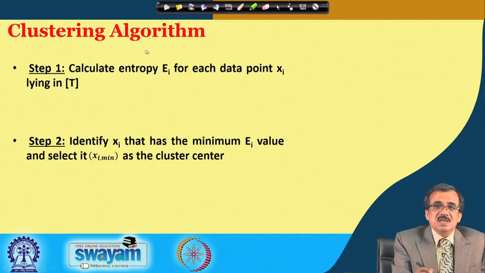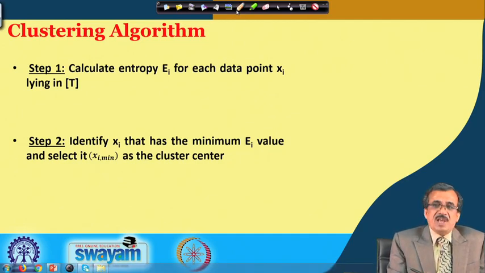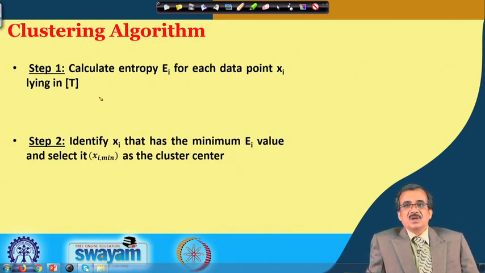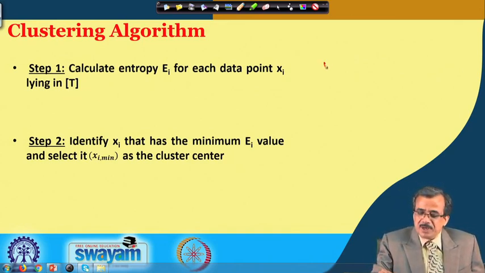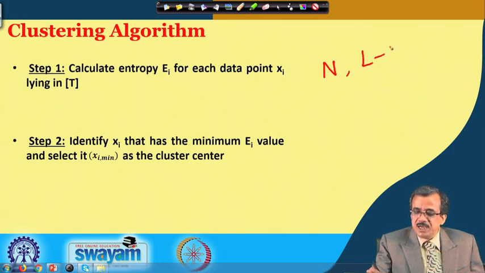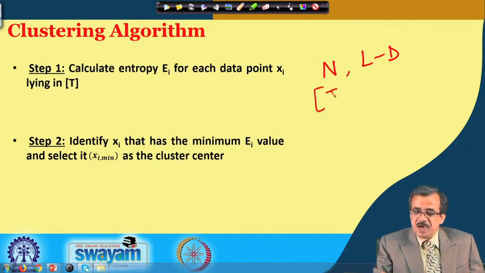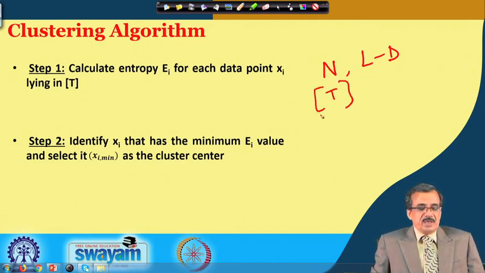So, we are going to discuss the steps to be followed in this clustering algorithm. Step 1: we calculate entropy E_i for each of the data points x_i lying in the T hyperspace. As I told, we have got capital N number of data points in L dimension, and all such data points I am representing as T hyperspace data points. We calculate the total entropy for each of the data points, by the method which we have already discussed.